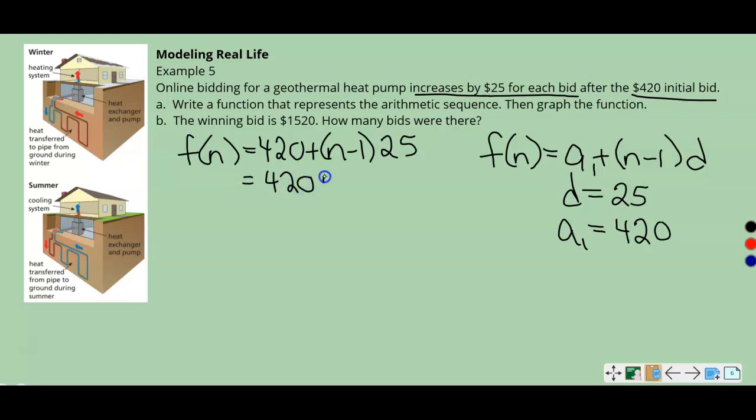So it'd be plus 25n, and then negative 1 times 25 is minus 25. And again, we kind of want to rewrite this in slope-intercept form. So 25n, 420 plus negative 25 is plus 395. So we can say that this is our function.